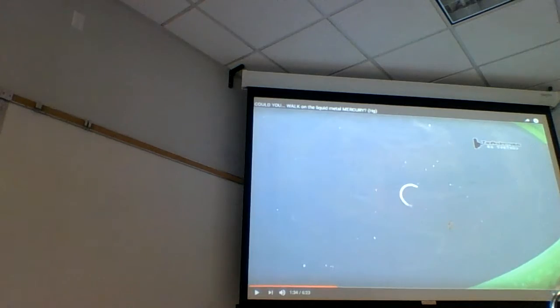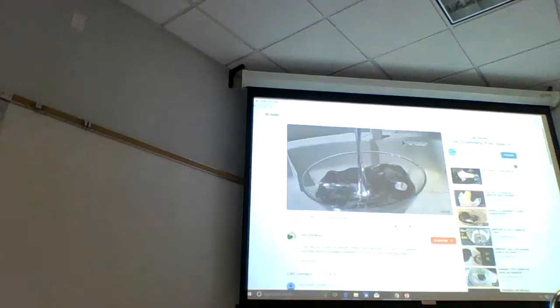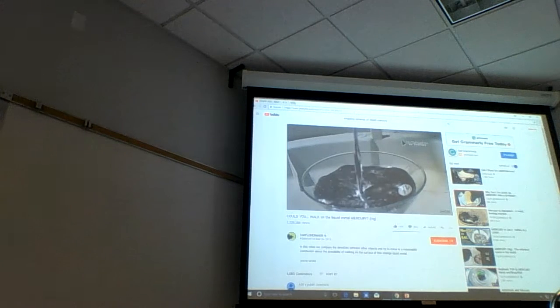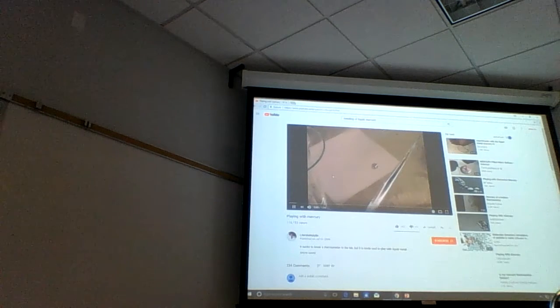Well, you have a picture in your book of liquid mercury forming a nice bead. Basically, it's like this.